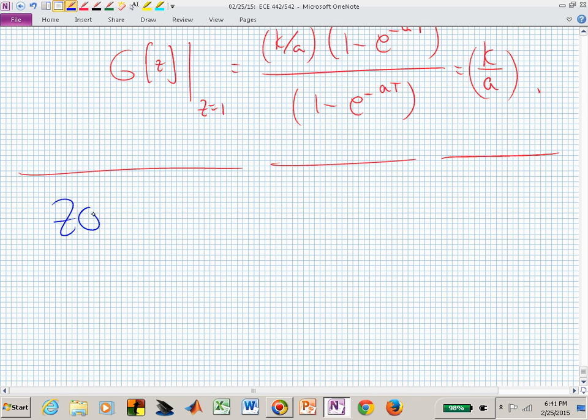Let's now look at the zero order hold equivalent of a state space representation.